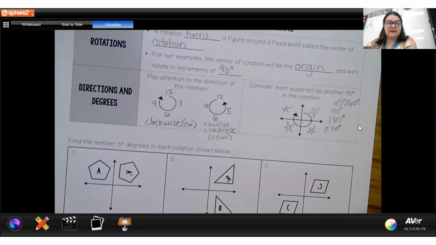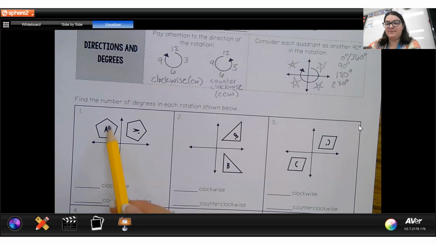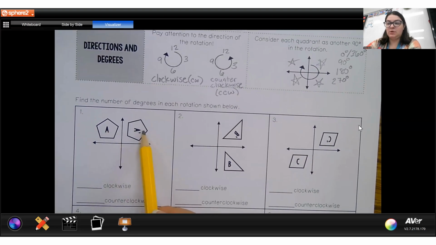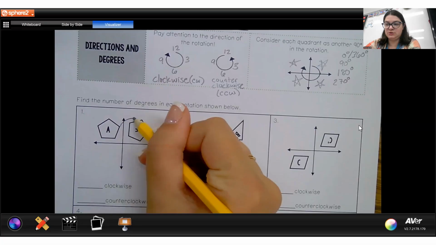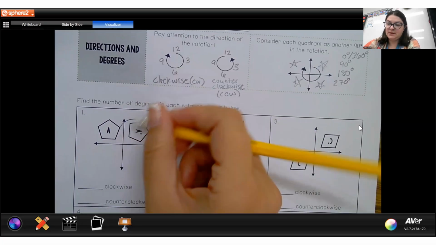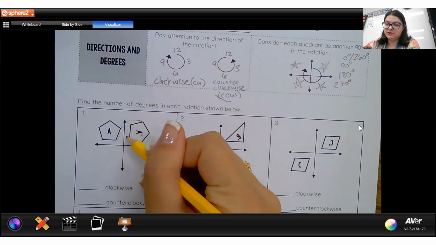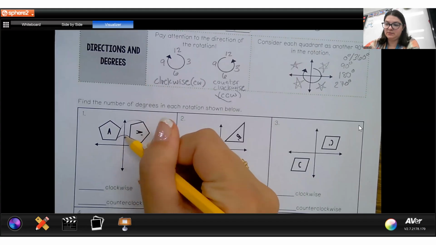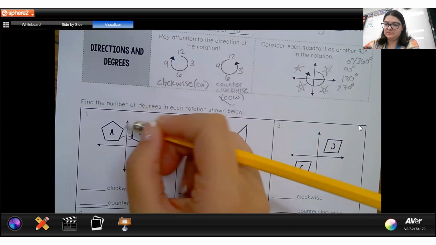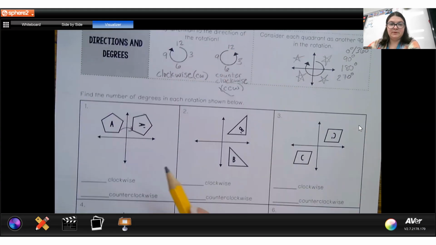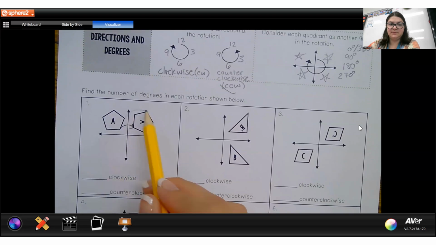So down here in this example, we have A to A prime. If I'm going clockwise, let's do this point to this point. This is going clockwise because I'm going around the same way a clock goes.